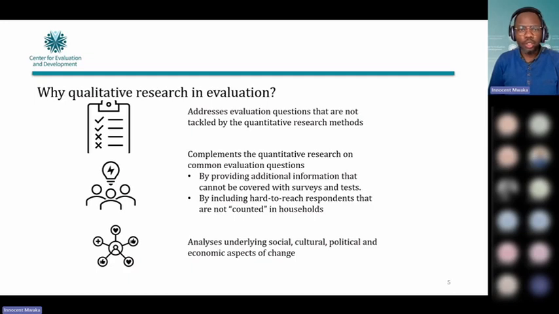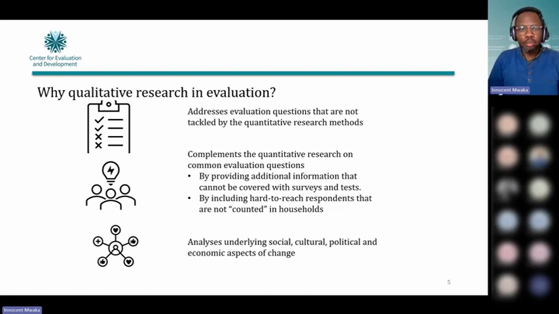This has been applied in different places, and it's because of the different methods that we apply that sometimes it's easier using qualitative methods to reach certain respondents compared to applying quantitative surveys. And then also we analyze underlying socio-cultural, political, and economic aspects, as a summary on that.